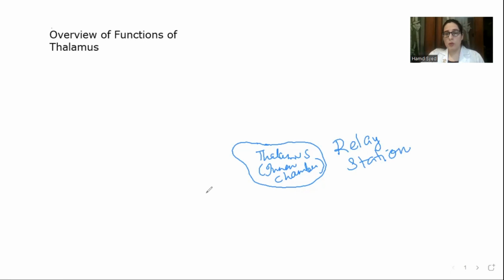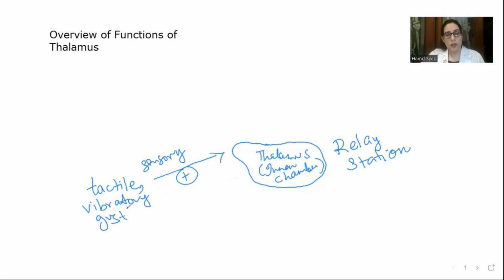Now, what are the different types of information which are entering the thalamus? Well, first of all, the sort of information which enters the thalamus is the sensory information. Now, this sensory information can be tactile, that is the sense of touch. It can be vibratory. It can be gustatory, that is the taste sensations. It can also be pain or temperature sensations, right?